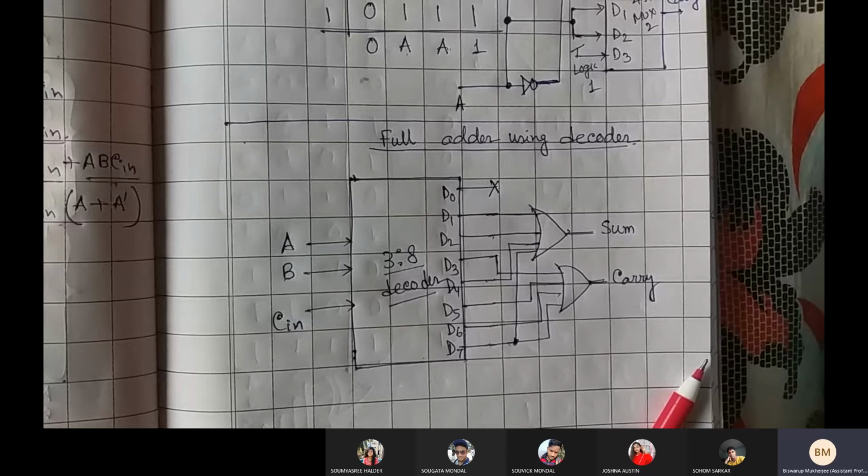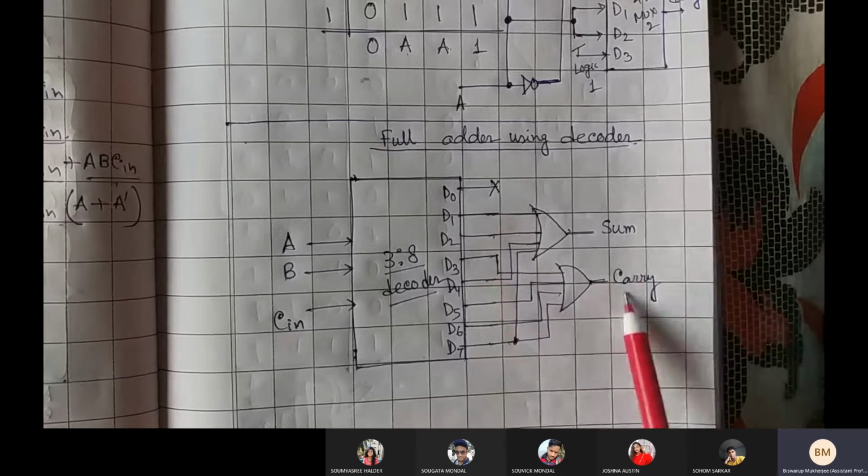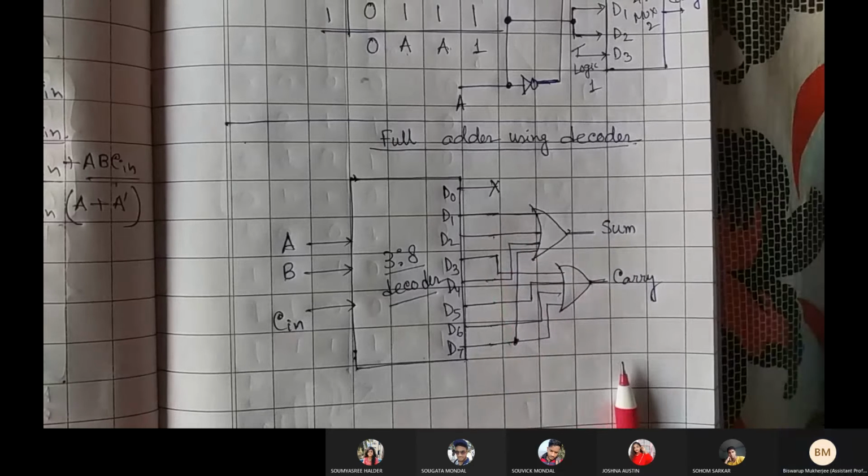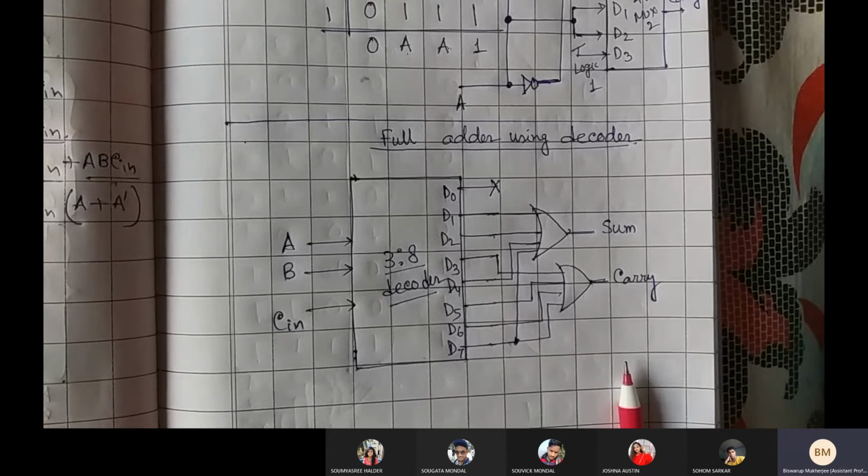So we'll be discussing that further, when we study LSI chips, large scale integrated chips. Make sure that right now you can use a decoder to implement different functions in a single chip, as sum and carry are both being generated from the same decoder. Okay, anything else?